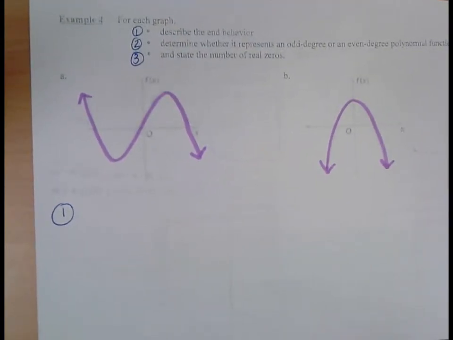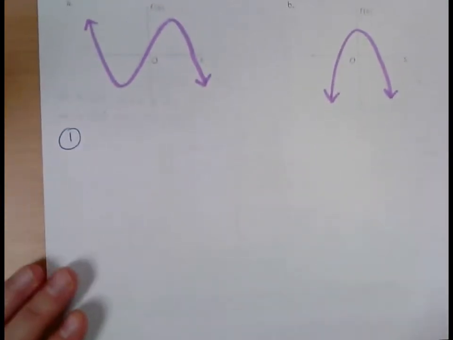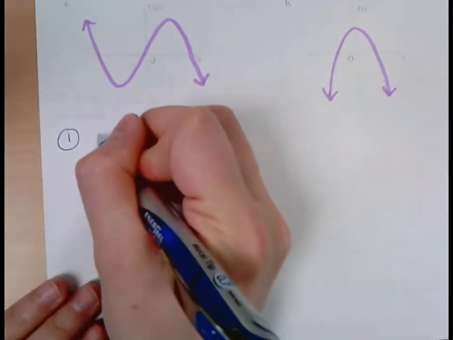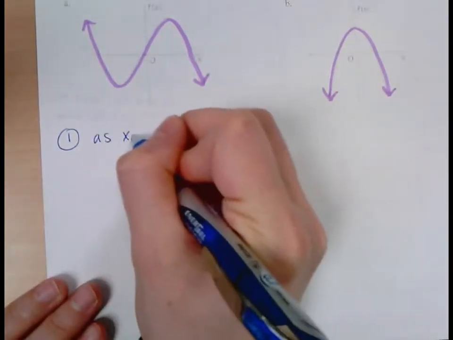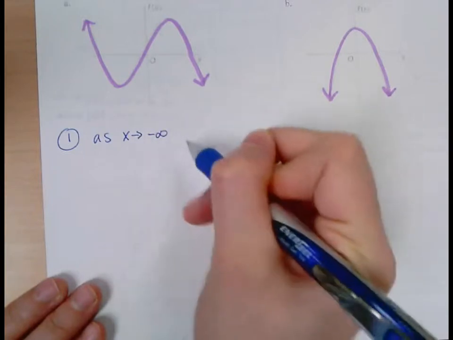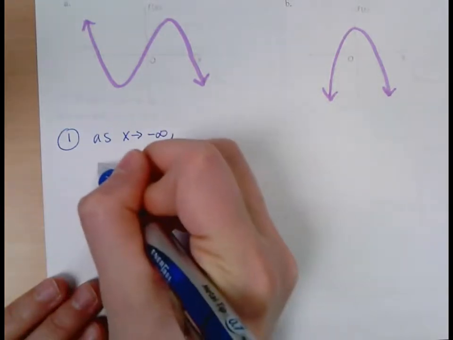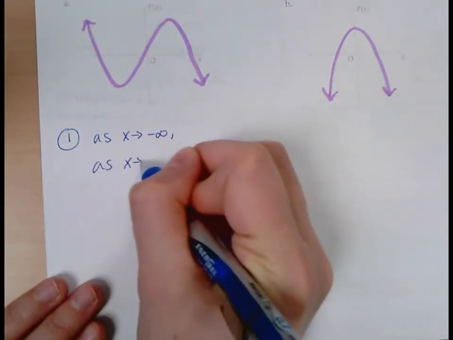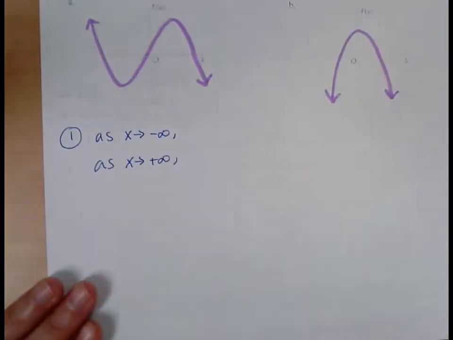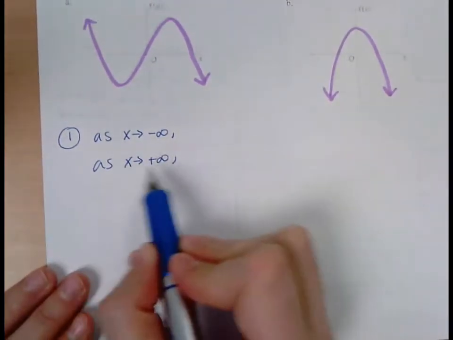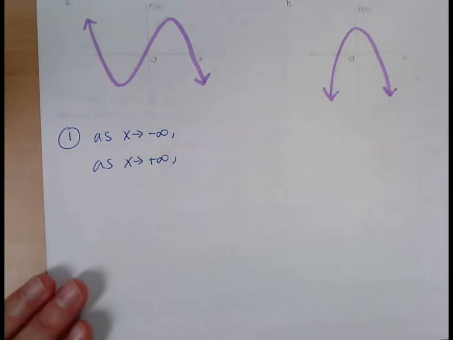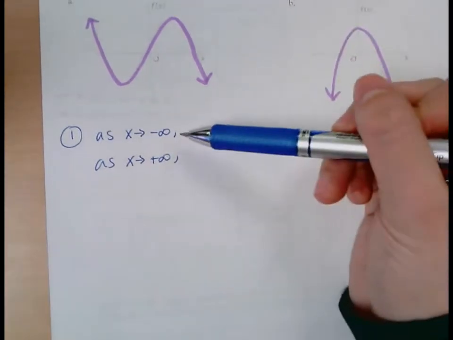So here's how I set up end behavior. I'm going to describe it the same way I did when I went through that key concept box. It's always going to start as x approaches negative infinity, and then as x approaches positive infinity. And after each one, you're listing what f of x approaches.